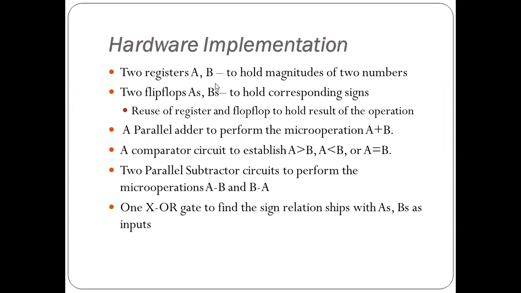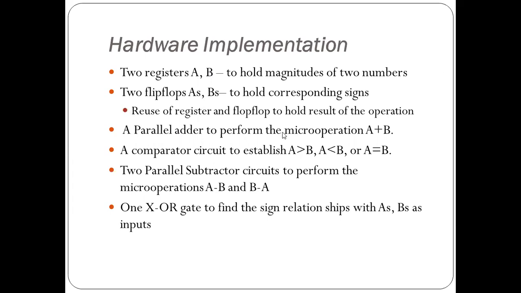Rather than reserving one more register and one more flip-flop for the output, I will reuse register A and its flip-flop AS to hold the result, because after the operation I may not need the inputs back.